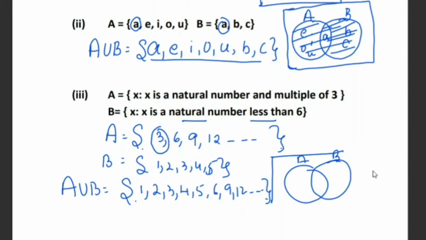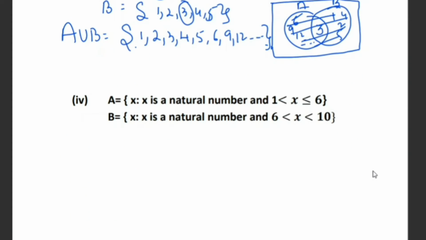Only 3. So write it over here. In A we have 6, 9, 12 and more elements. B will have 1, 2, 4, 5. Shade the full set. Yes, done.